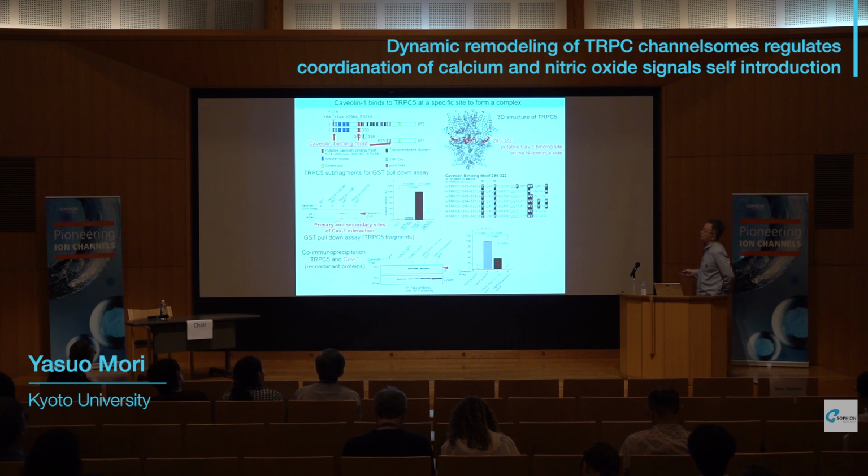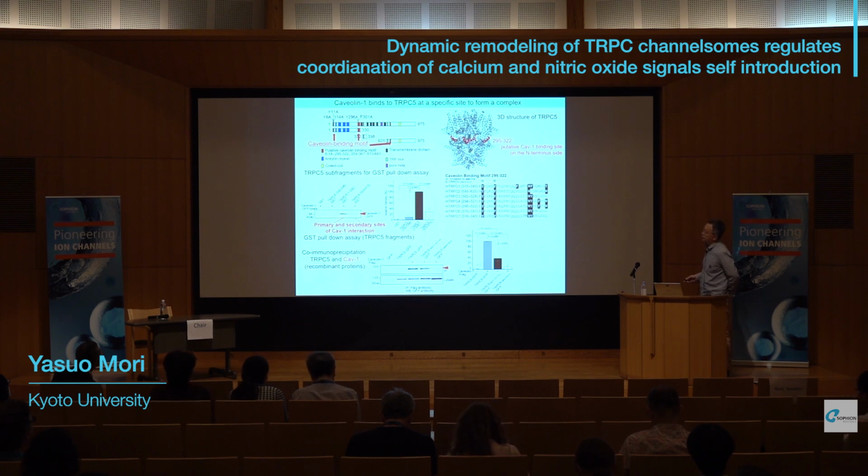Several groups, especially those working on the TRPC1 channel, which is quite similar to TRPC4 and TRPC5, demonstrated that two residues in this caveolin binding motif, tyrosine and phenylalanine, are critical for caveolin-1 binding to the respective TRPC channel. So, of course, we introduced mutations for these two residues.